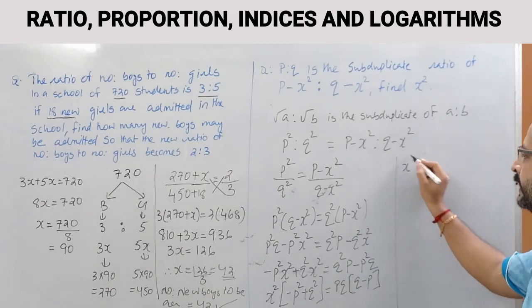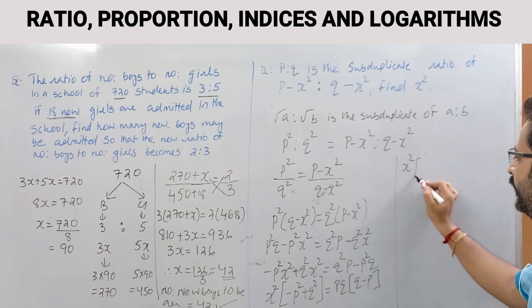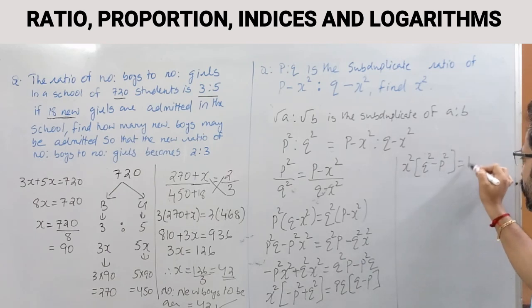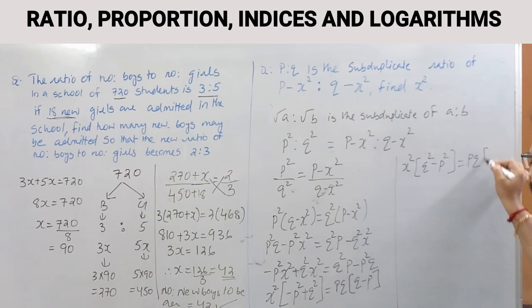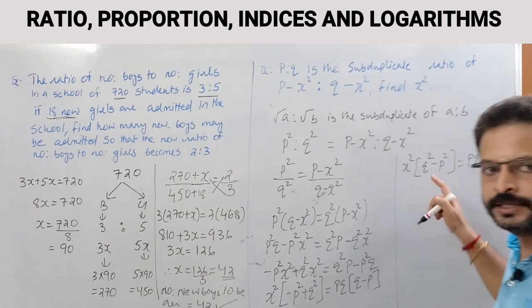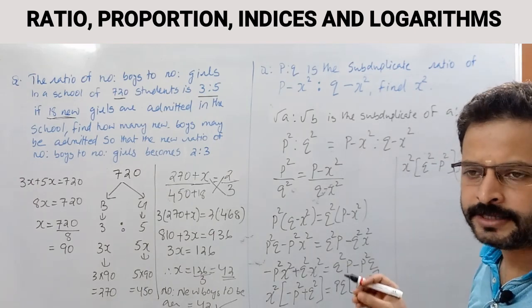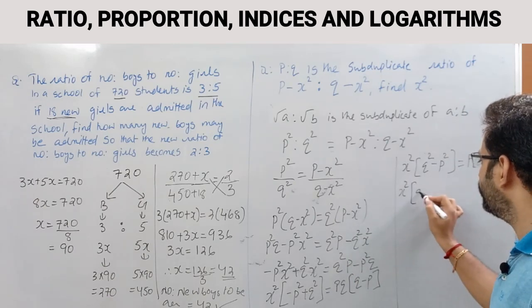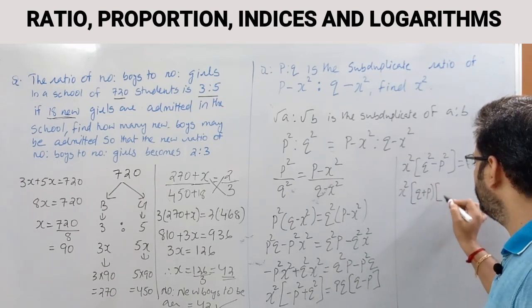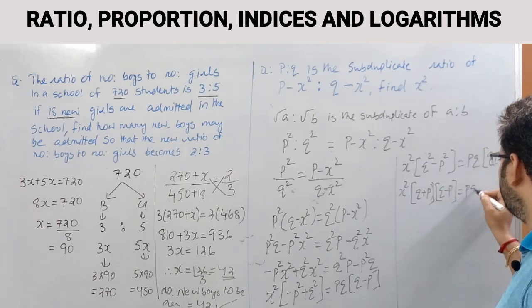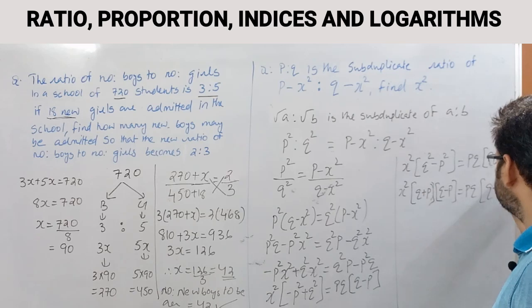It can be written as x square into (Q square minus P square) is equal to PQ into (Q minus P). You all know from the basic formula, a square minus b square can be written as (a plus b) into (a minus b). That means x square into (Q plus P) into (Q minus P) is equal to PQ into (Q minus P).